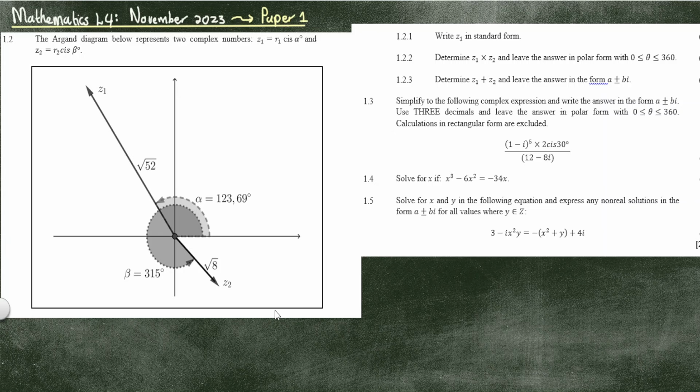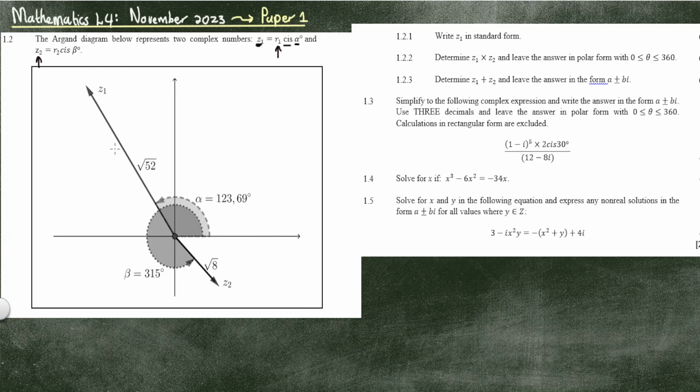But just by looking at the diagram, you can read off all the values that you need. So in this case, we have R1 for Z1. And we also have cis of the angle, alpha, theta.